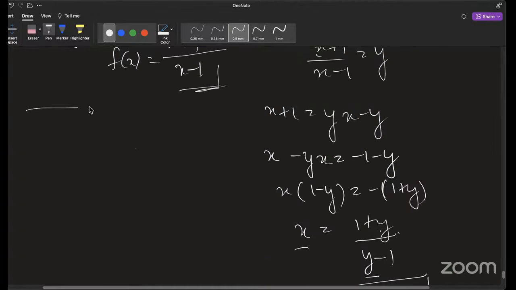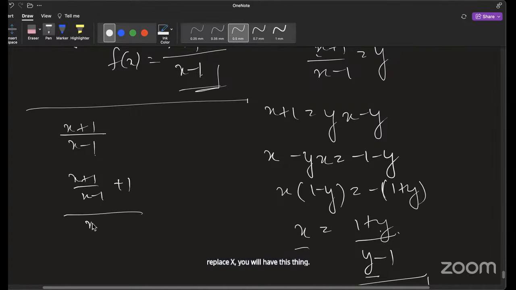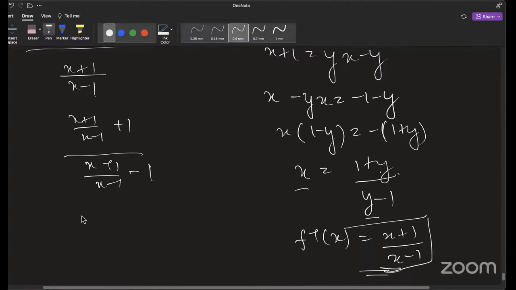Composite it. You will take (x plus 1) by (x minus 1) and replace x, you will have this thing. You'll get (x plus 1) by (x minus 1) plus 1, all by (x minus 1) by (x minus 1), but the denominators get cancelled.